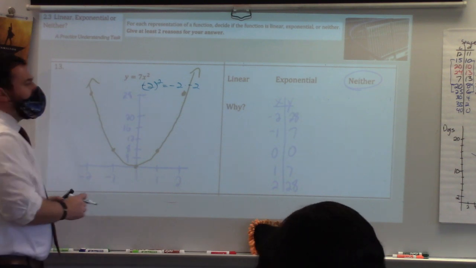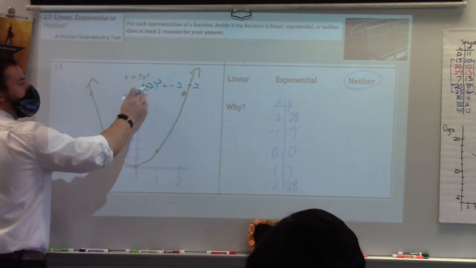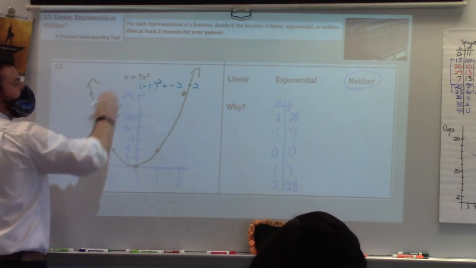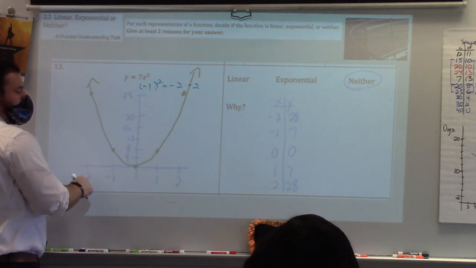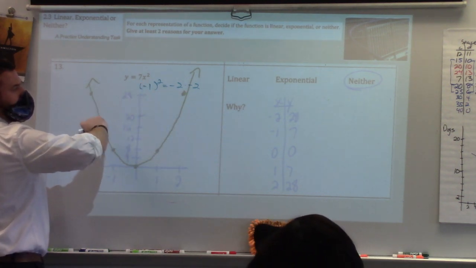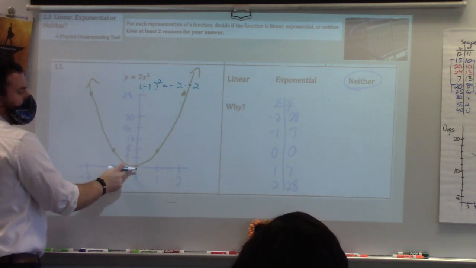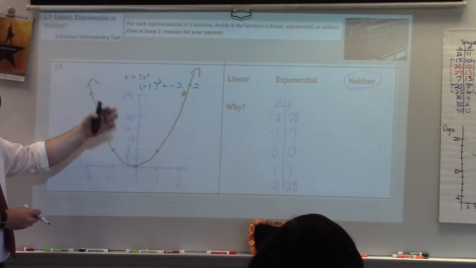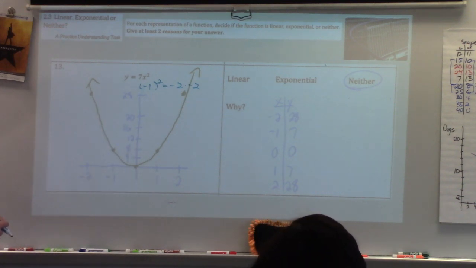What's -1 squared? 1. 7 times 1 is 7. What's 0 squared? 0. 7 times 0 is 0. Notice that's how I got my points there. Then 1 squared times 7, and 2 squared times 7. And when I look at the graph, does that look like an exponential curve at all? No.